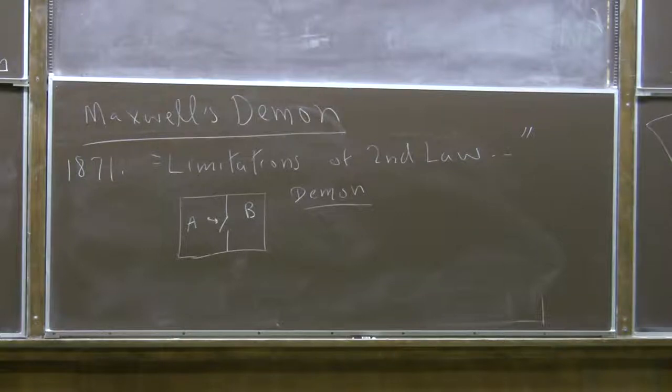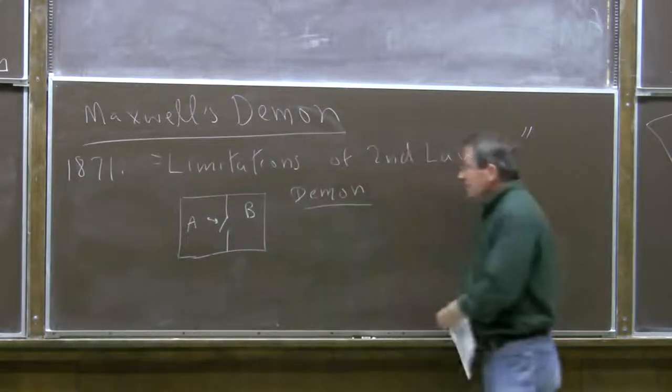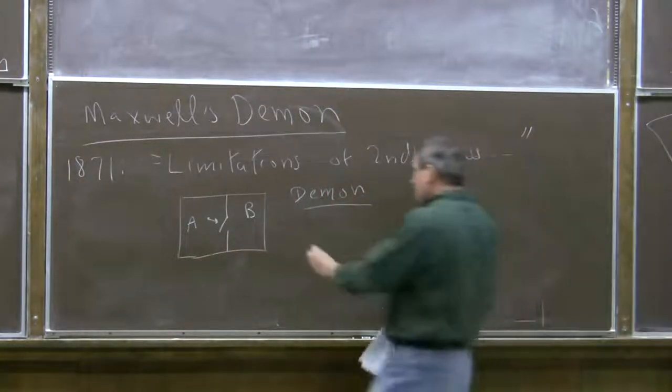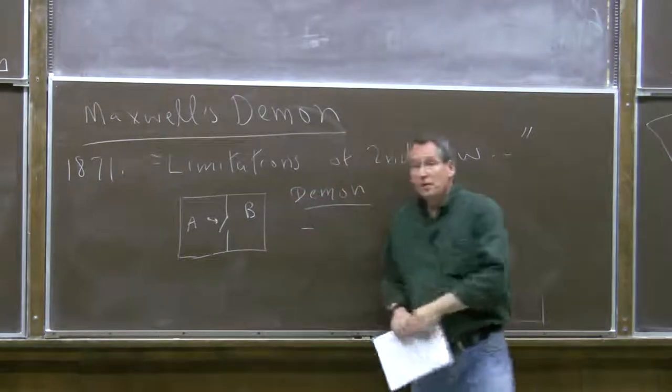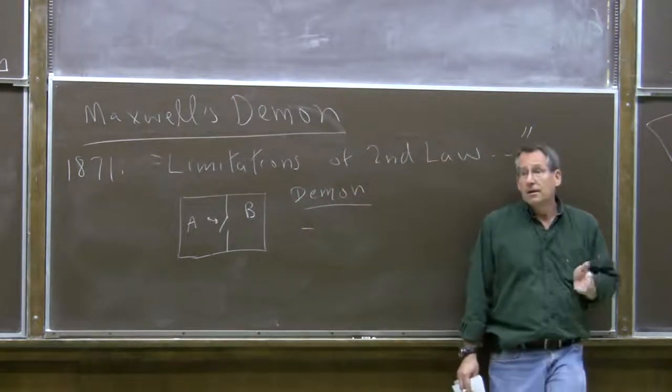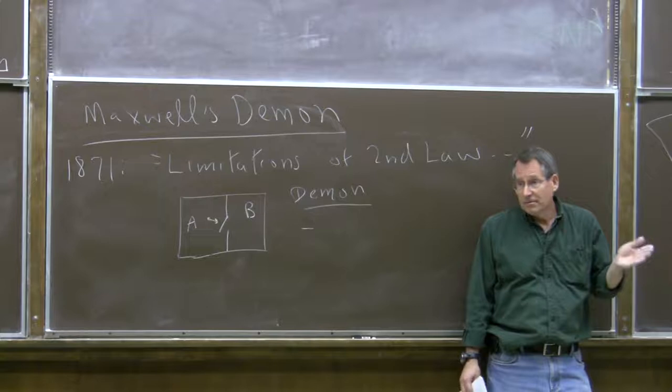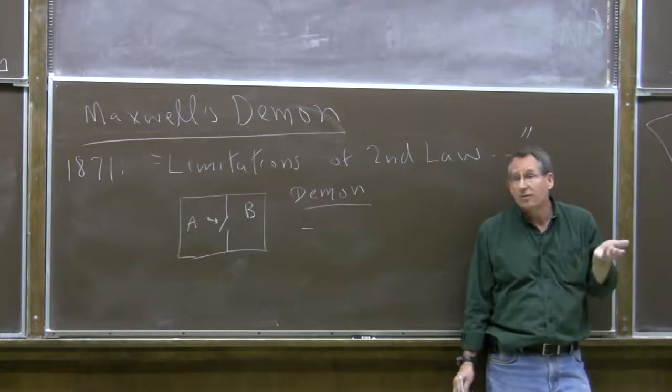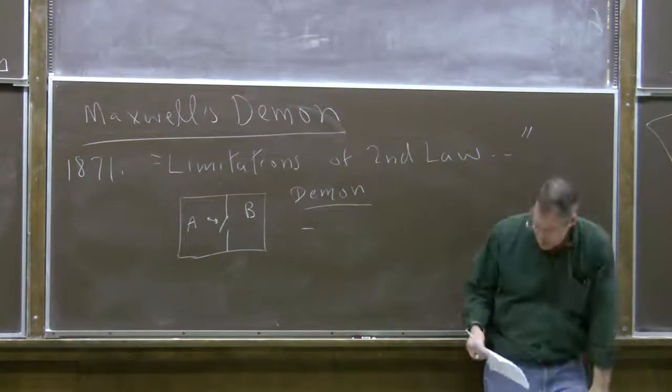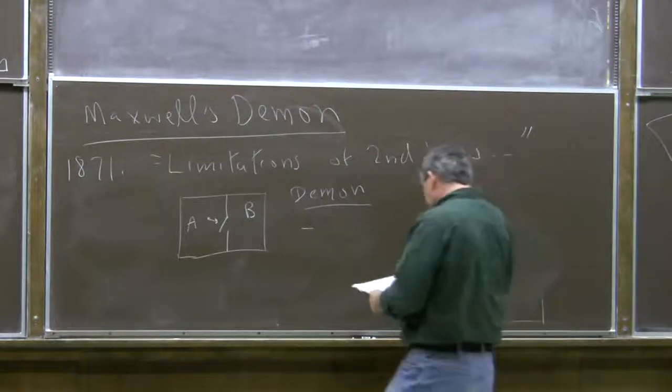So in principle, you can know exactly what the position and the velocity is of every molecule, and that's what the demon knows. There's a Maxwell distribution of velocities, right? Some are going faster, some are going slower in equilibrium.